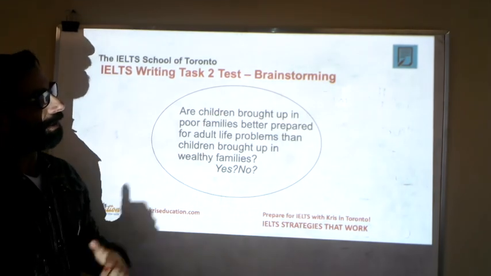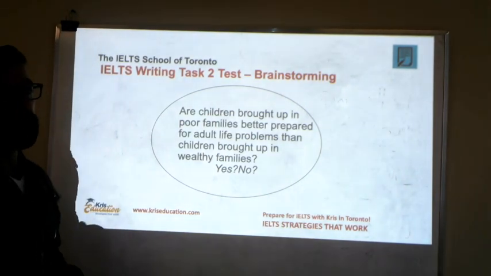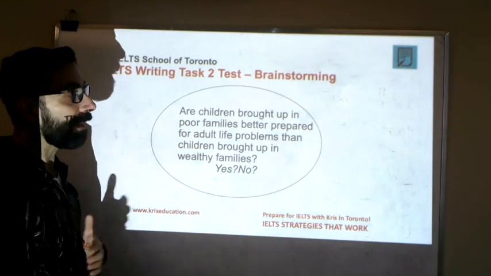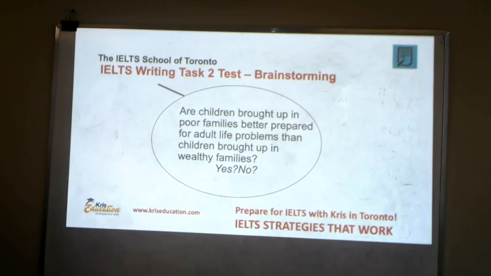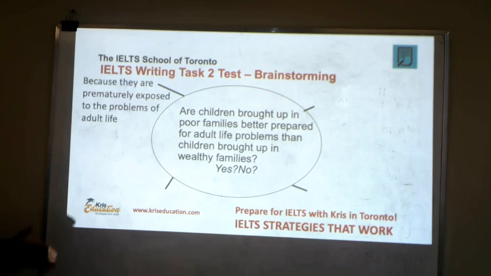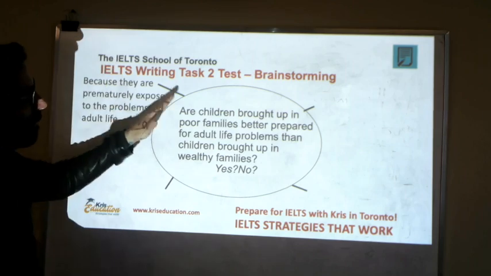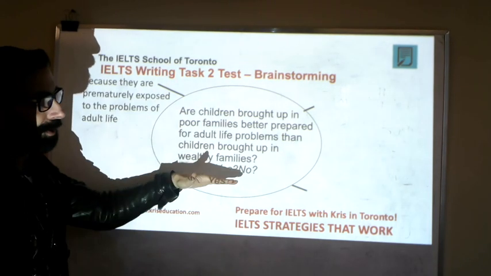And let's see together now how many ideas the test taker who was given a band 8 has got. So this guy has got 4 ideas. This is idea number 1. Does this idea clearly answer the question?